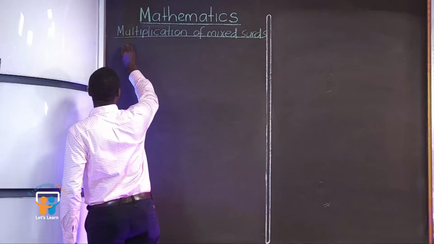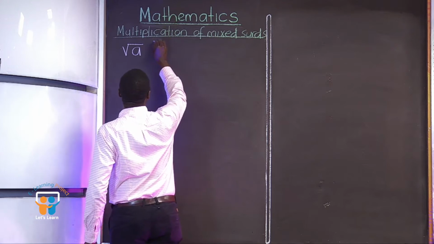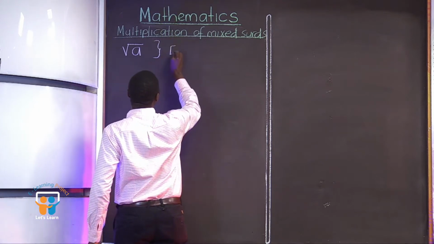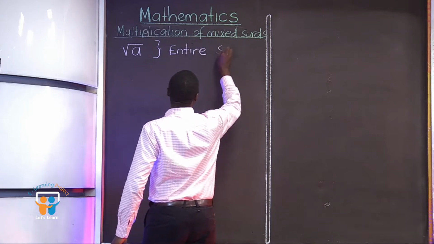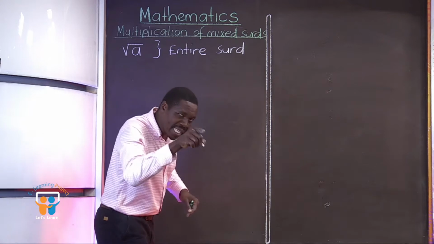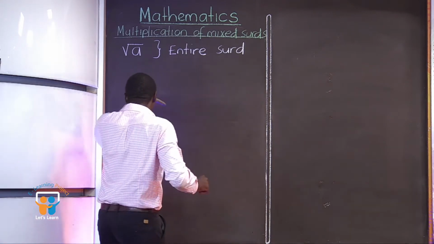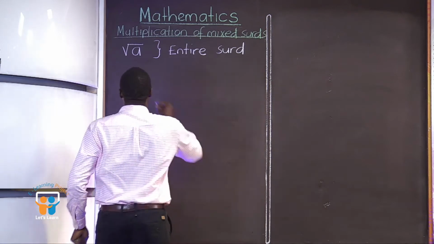When I write something like this, I can look at this as what I may call an entire surd. This one is an entire surd. But again, much as we have learned how to multiply entire surds, how about when they give you something to do with this?